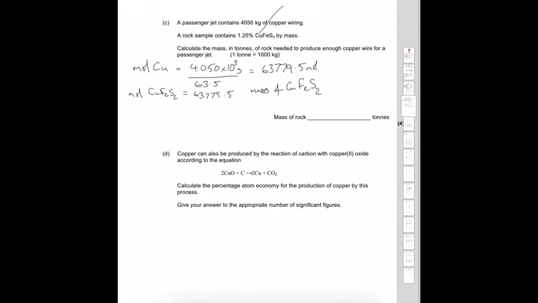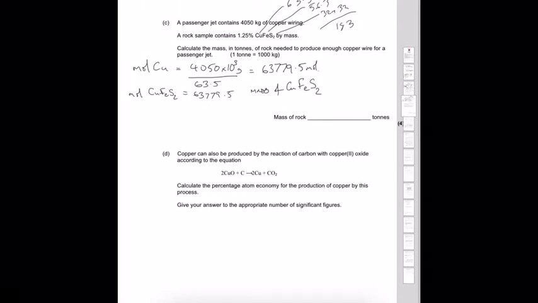We can easily convert the moles of copper ore into the mass of copper ore just by adding up and using the relative masses. So if we quickly work it out, we find that the relative mass of the copper ore is 183.5. So if we times the moles by 183.5, we can get the mass of copper ore required.